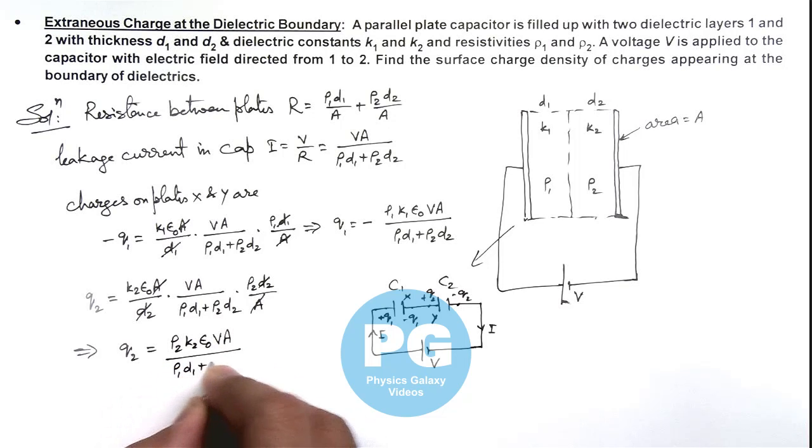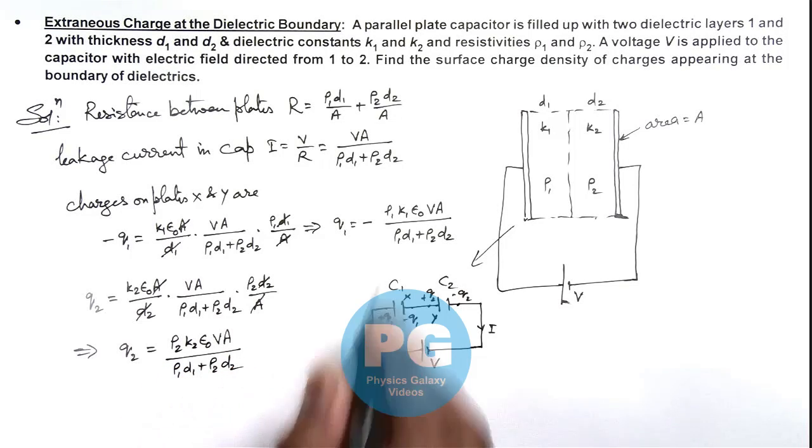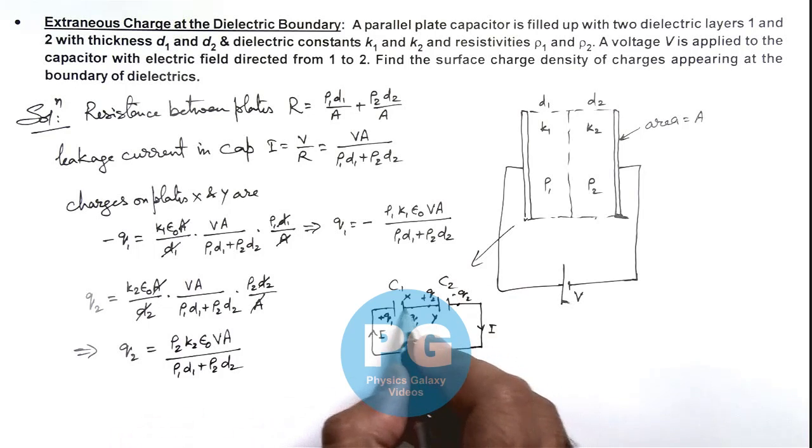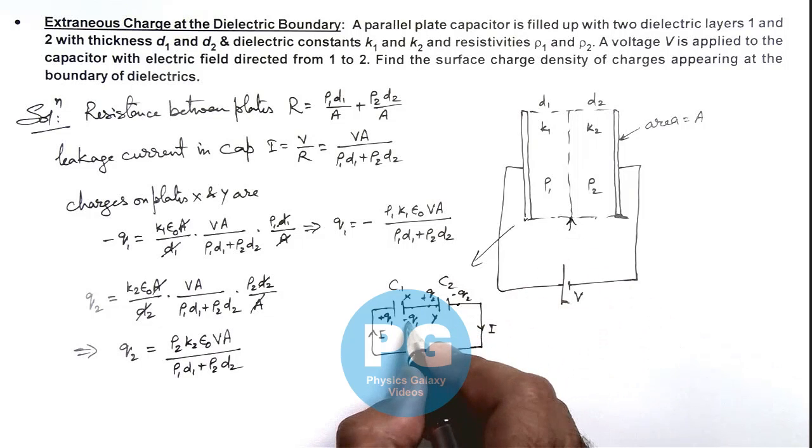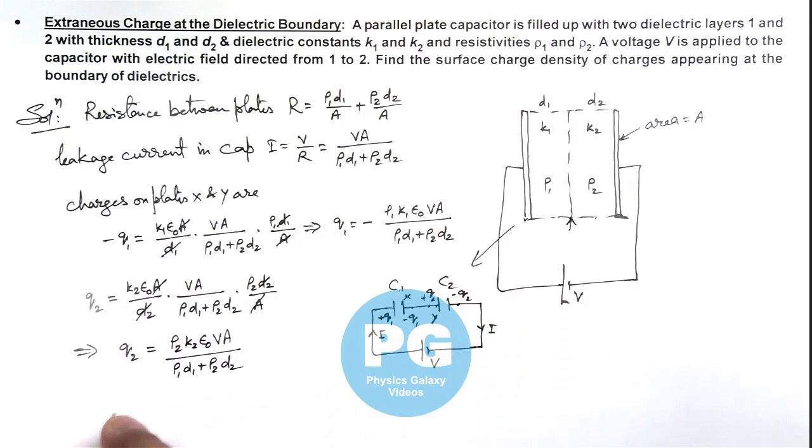So if we wish to calculate the charge density on this boundary, we can combine the two, and the total charge on this boundary can be written as Q2 minus Q1. So the surface density on the boundary can be written as Q2 minus Q1 divided by the surface area.